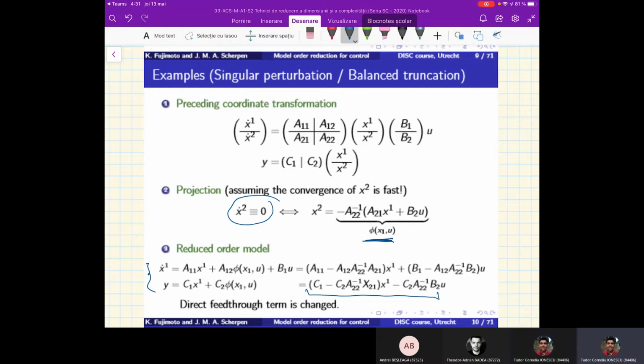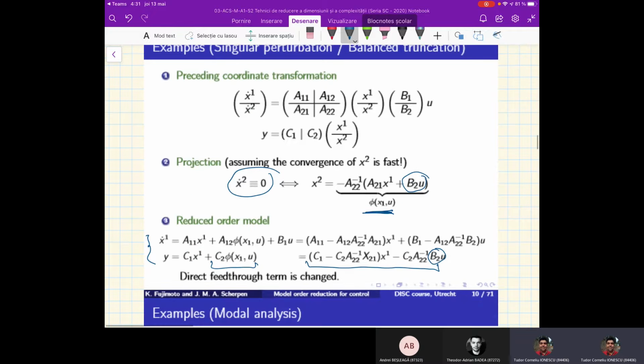Why? Because x2 depends explicitly on the input term. So when you do singular perturbations, essentially you get in the output, even if you didn't have it before, you get it because of this term, because you cannot make it 0. You get this direct influence of the input over the output.